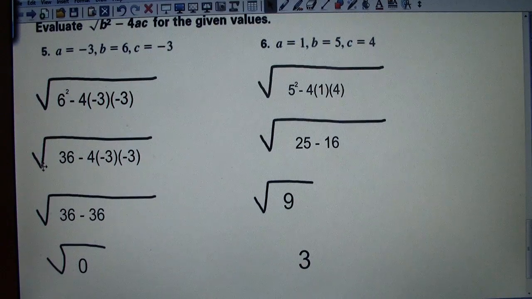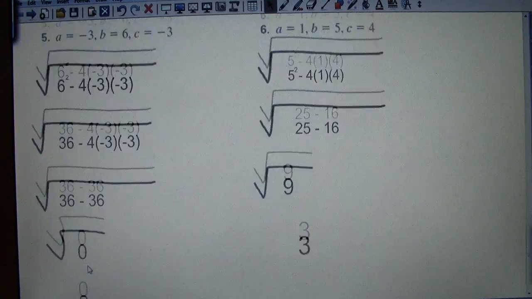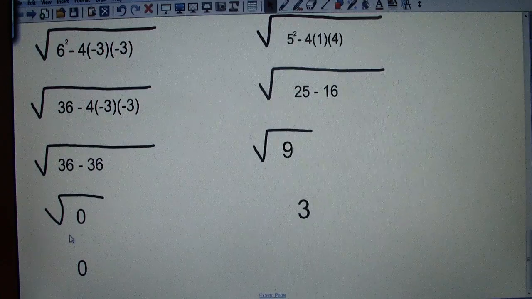Now notice I keep everything underneath here, doing the order of operations all the way down to the very end until I get one number, and then I can find the square root of that number. So the square root of 0, the answer is 0.